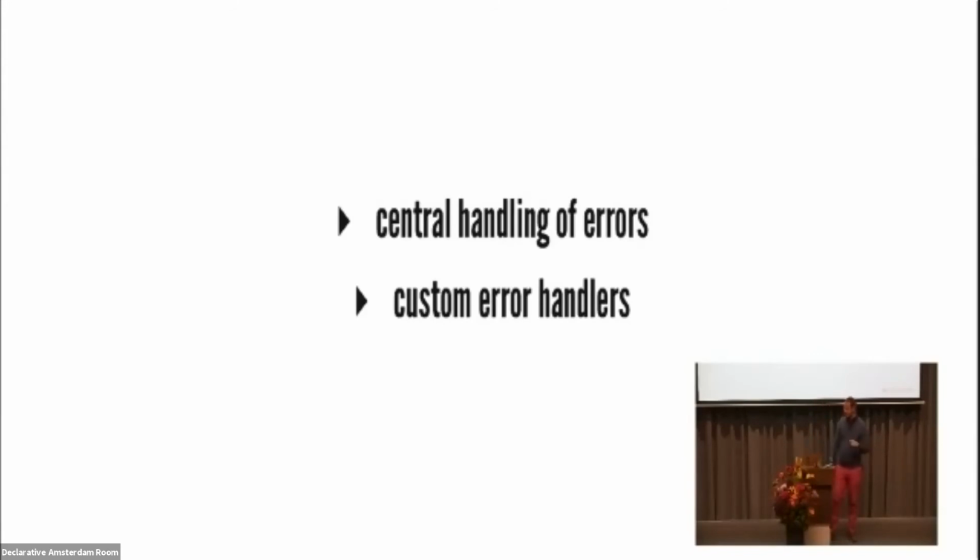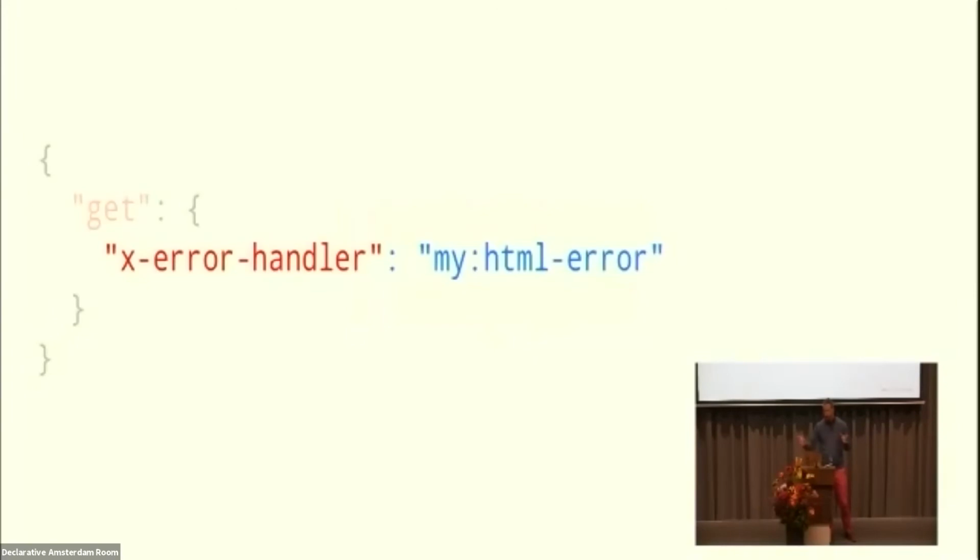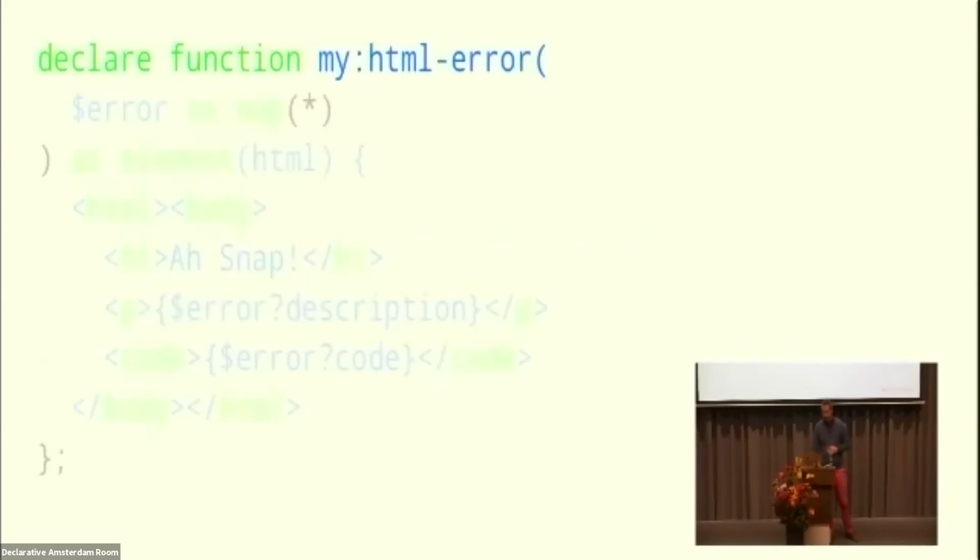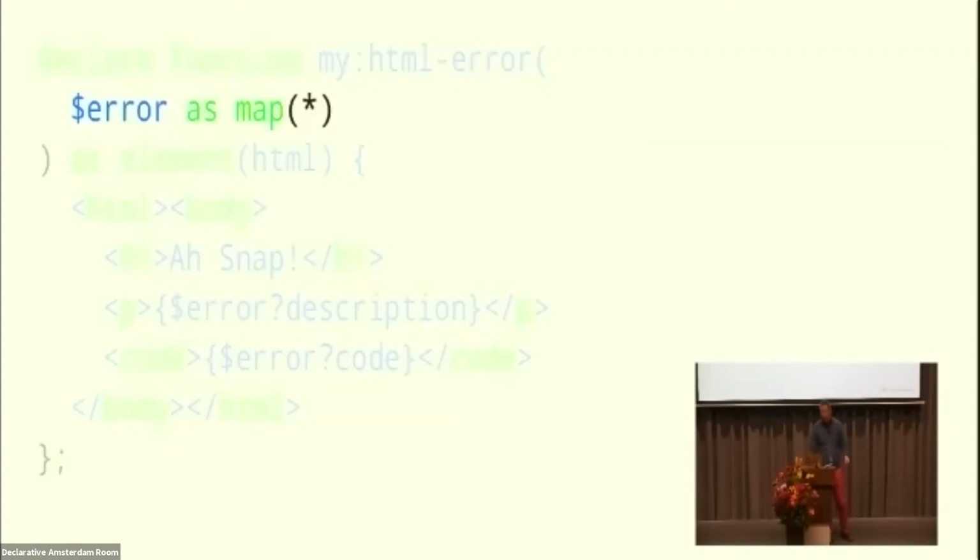For each route, you can specify my HTML error. How would that look like? My HTML error, the name must match, otherwise it won't work. It gets an error as a map, not a request.